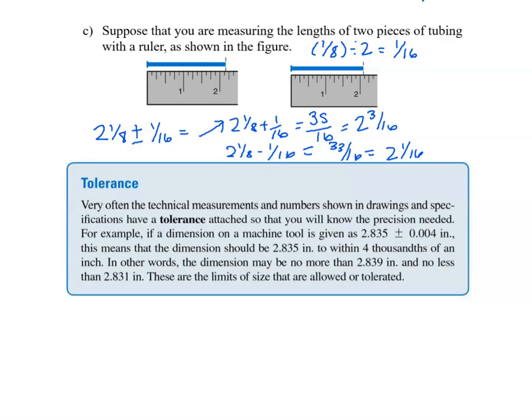In other words, the dimension may be no more than 2.839 inches and no less than 2.831 inches. These are the limits of the size that are allowed or tolerated.